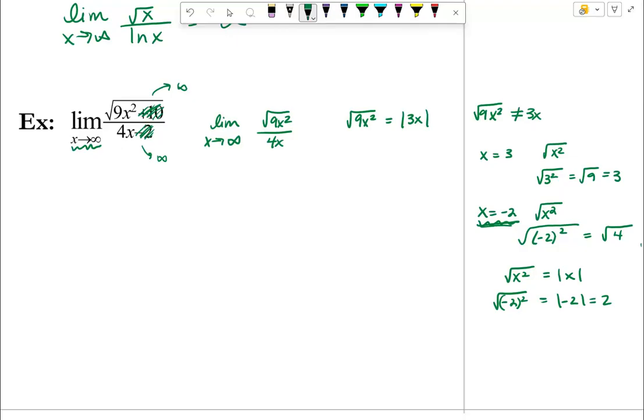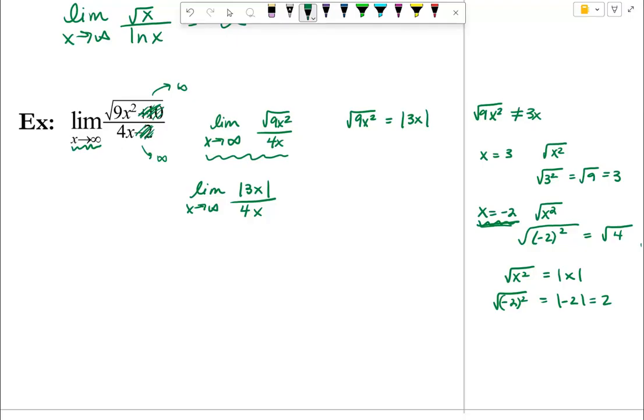All right, so if we come back to our limit, we said we could think of this as the limit as x approaches infinity of the absolute value of 3x over 4x. And when we plug in a huge, huge positive number, we said that is blowing up.